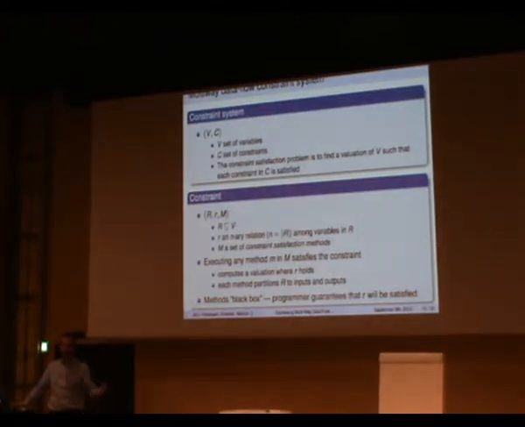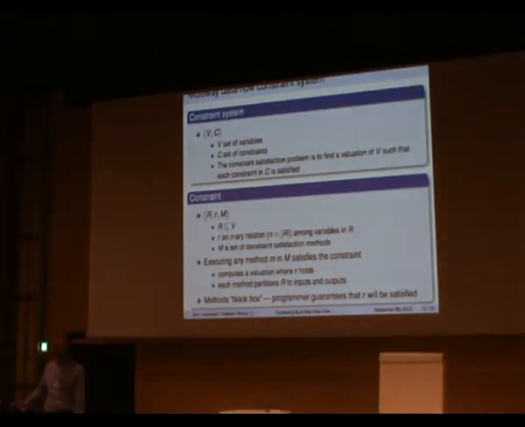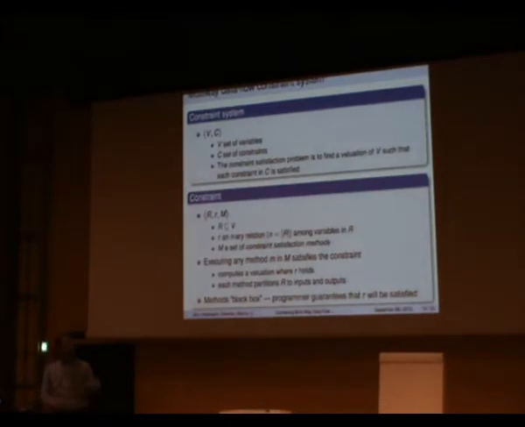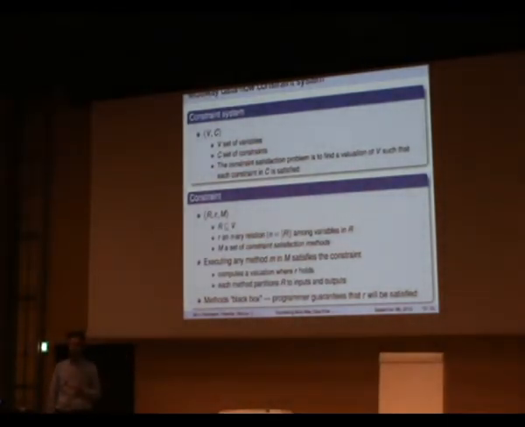These are considered to be black boxes from the solver's perspective, so the programmer specifies the methods, and it's up to the programmer to ensure that the relation will hold once the method is executed. Solving a constraint system means producing a valuation such that all of those relations are satisfied.